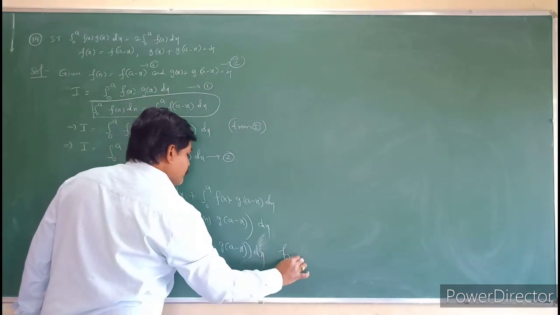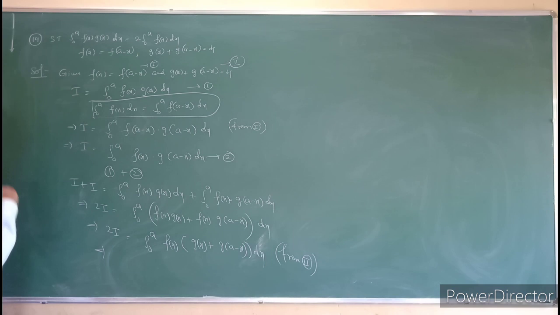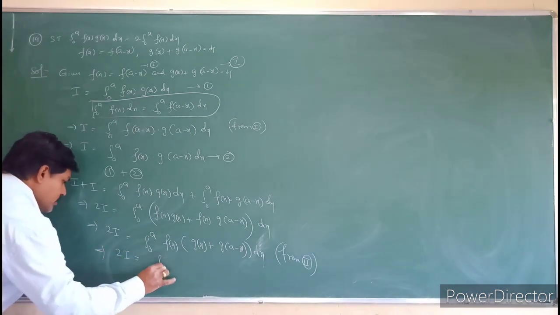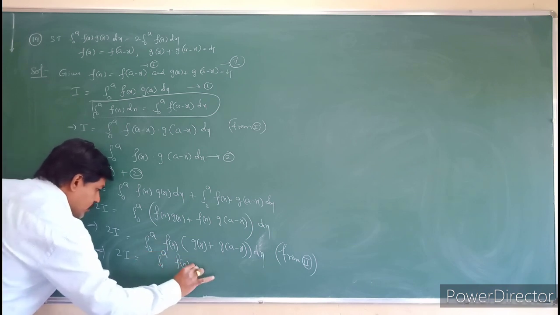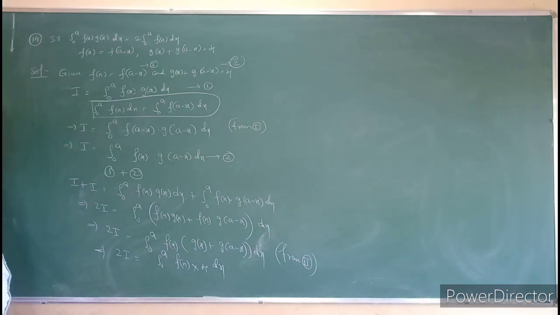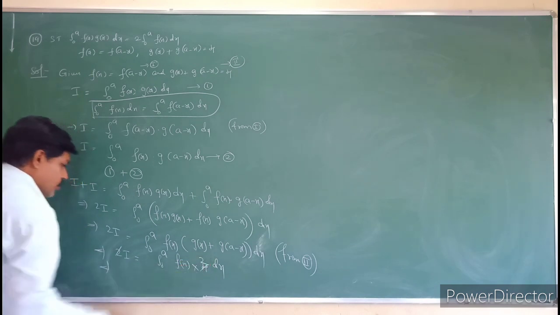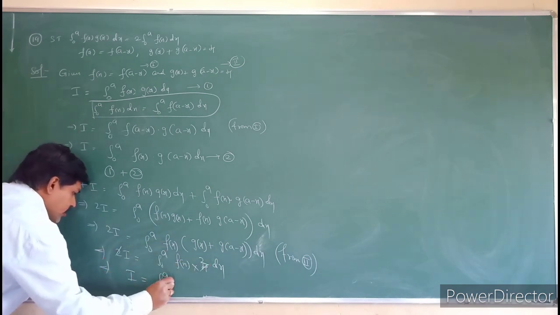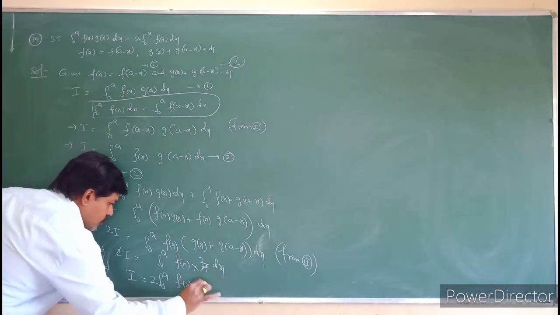So from 2, what will we get, students? 2I is equal to the integral from 0 to a of f(x) into 4 dx. You can cancel the 4 and the 2 and take the 2 out. So I is equal to 2 times the integral from 0 to a of f(x) dx.